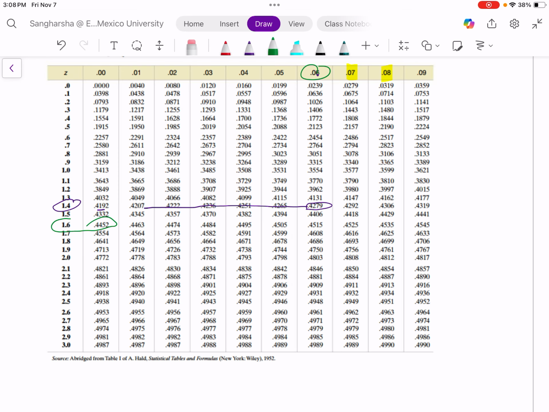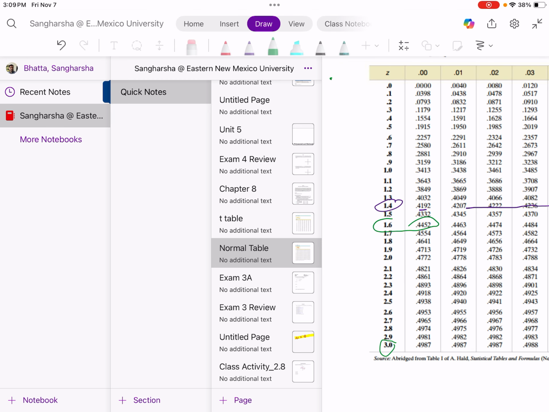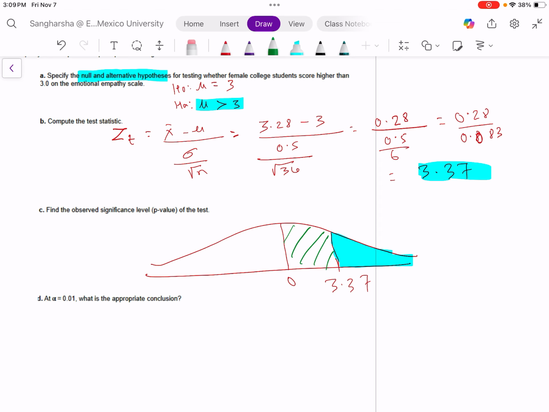Since the area for 3.09 is 0.4990, the area for 3.37 would also be about 0.4990. So the p-value would be almost 0, or close to 0.